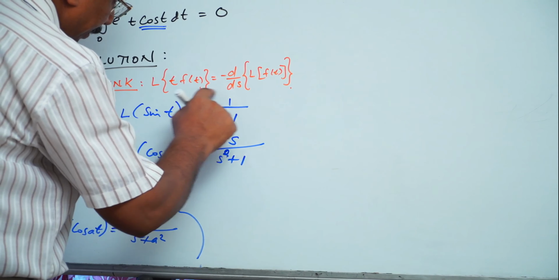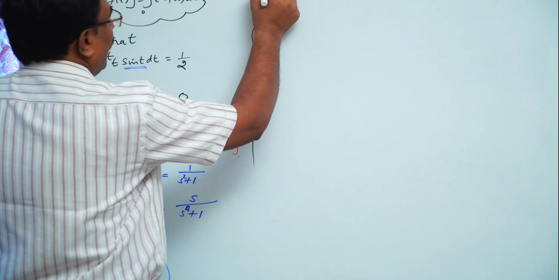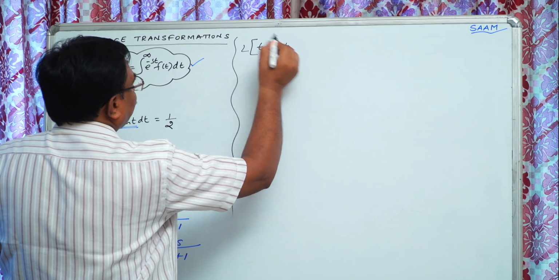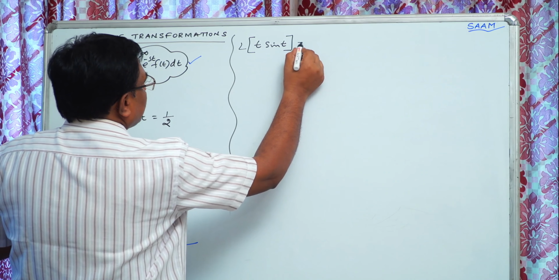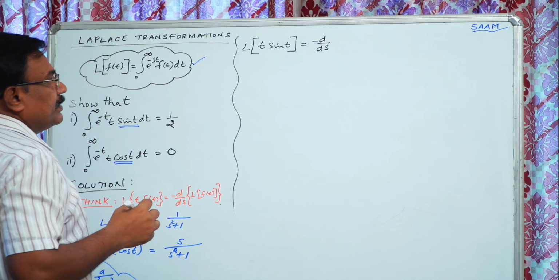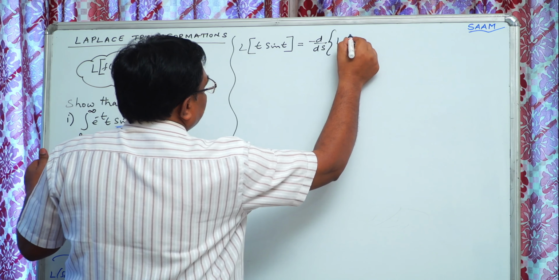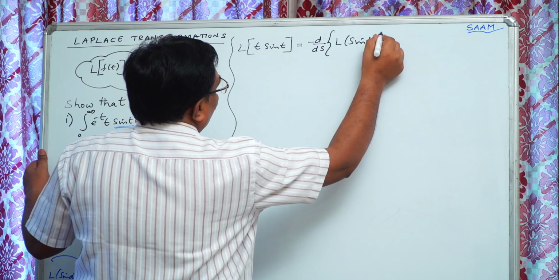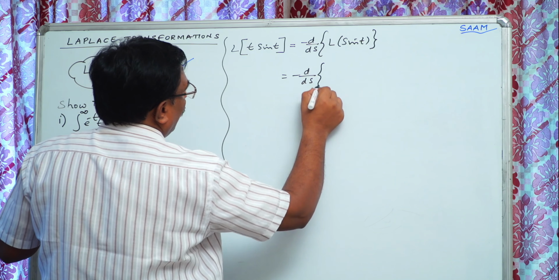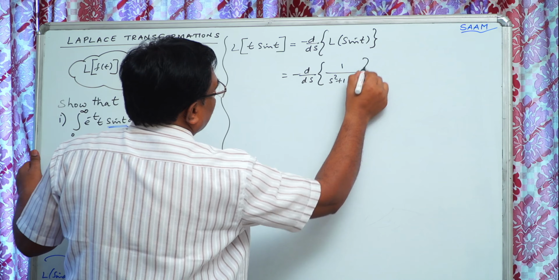Then we can proceed. By applying this rule, first, Laplace of t sin t is equal to minus d by ds of Laplace of sin t. This is the rule. Laplace of sin t is 1 by s square plus 1.